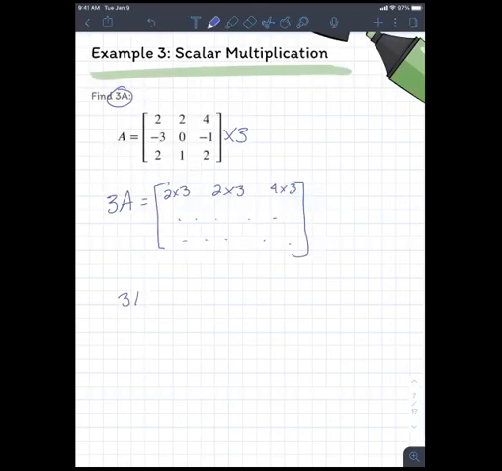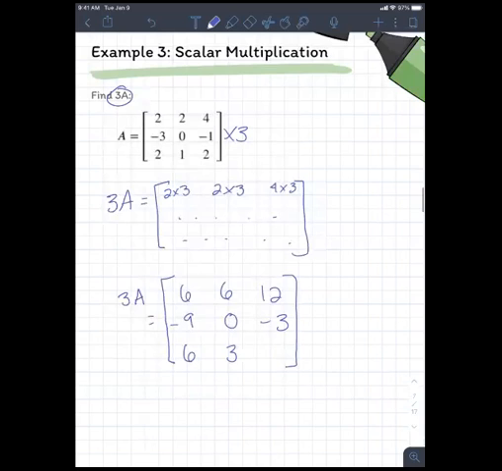So our matrix for 3A would be 6, 6, 12. Our second row would be -9, 0, -3. And then our last row would be 6, 3, and 6.